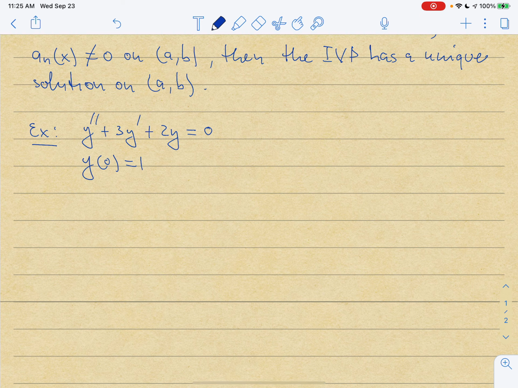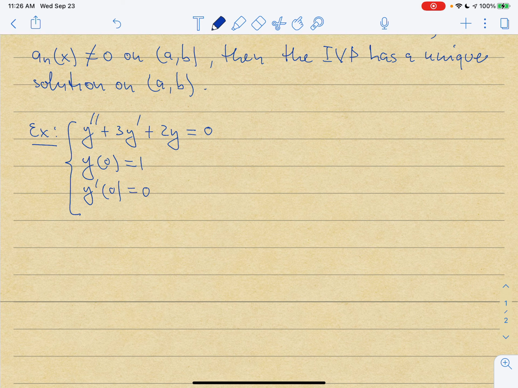Now, this is a second order equation, so in this case I need two conditions. The last condition is going to be y prime of 0. Let's make this equal 0. So if I look at the initial value problem like this, can I guarantee that this has a unique solution?